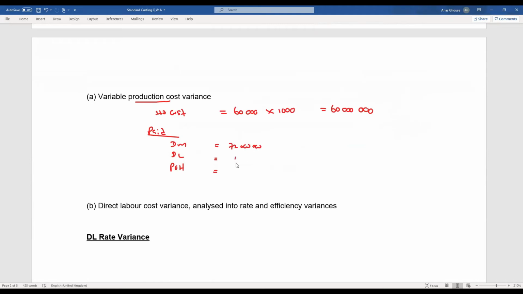If you take the total, that will be 80,800,000. So our variable production cost variance will be 20,800,000, which is an adverse variance.